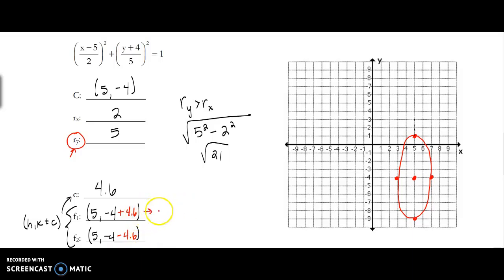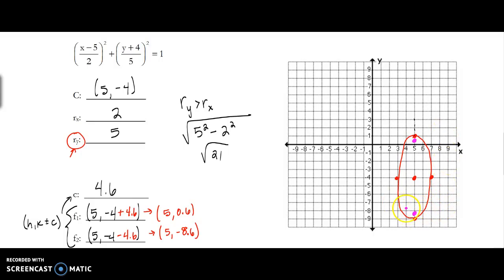So when we finish this, we're going to get 5, 0.6, and then you're going to get 5, -8.6. So in a different color, we're going to go to 5 and then 0.6, so it's just like halfway up, pretty close to the end point, and then 5, -8.6, so again, pretty close.